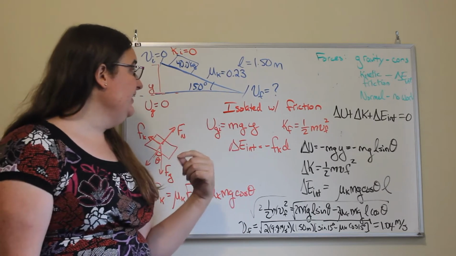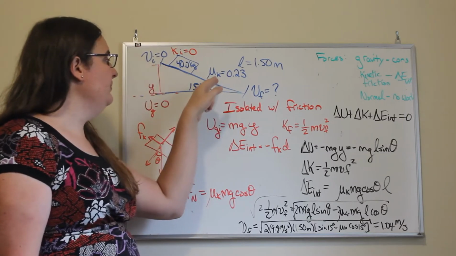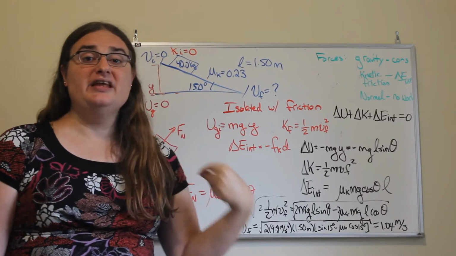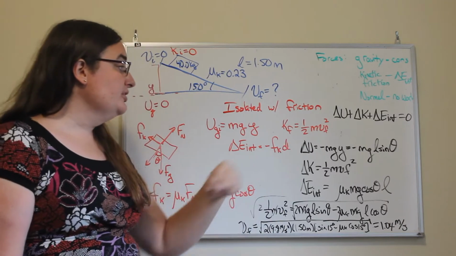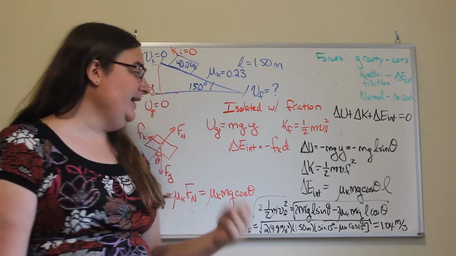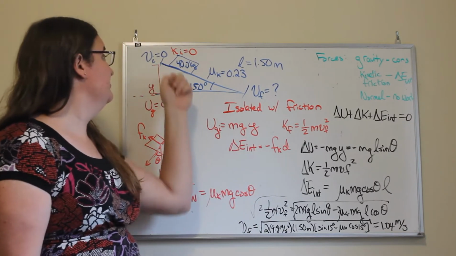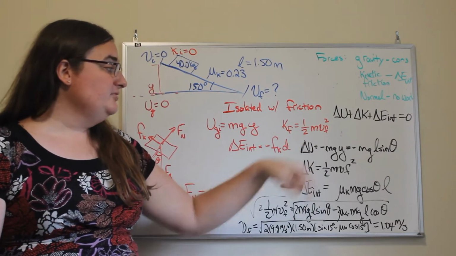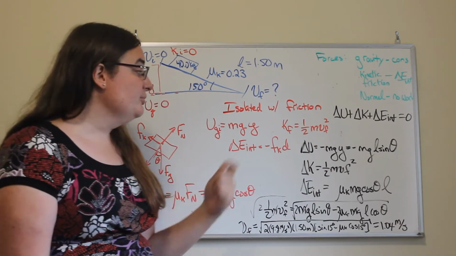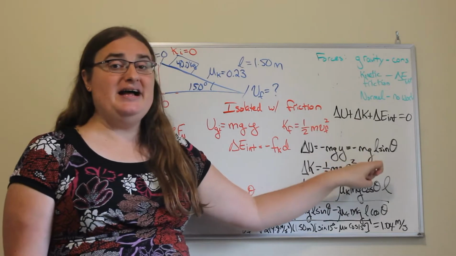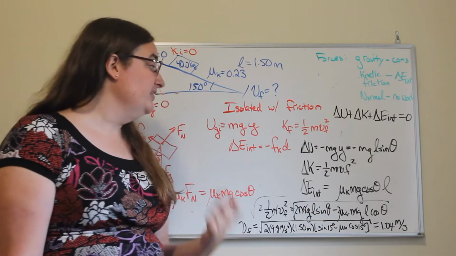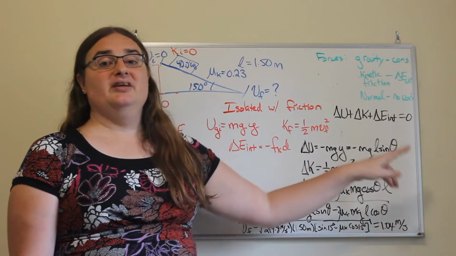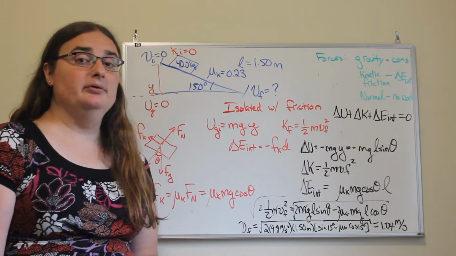And that starting height would just be the length of the ramp times the sine of the angle of the ramp. So our change in potential energy would be minus, because we end at 0 and start at mgy. So our change in potential energy is minus the mass times the strength of gravity times the length of the ramp times the sine of the angle of the ramp.